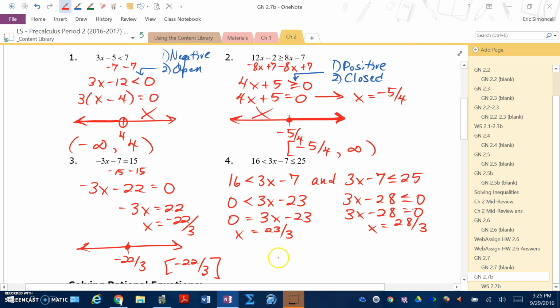Interestingly enough, yet again, we go to our number line, and each individual inequality I can stress as its own separate notation, in that the first here, because it's less than, technically as I'm reading it, it's 0 less than this, but we want this whole thing greater than 0, which tells us we want positive values. And because it's less than, not less than or equal to, technically greater than or equal to, we say open.